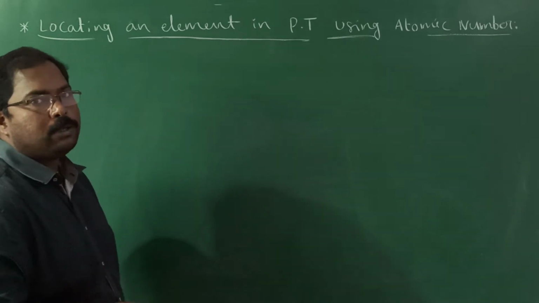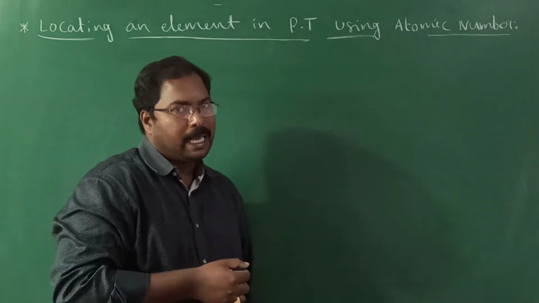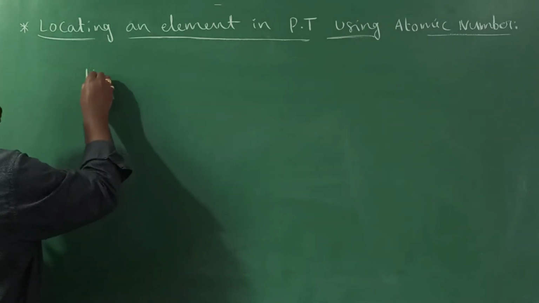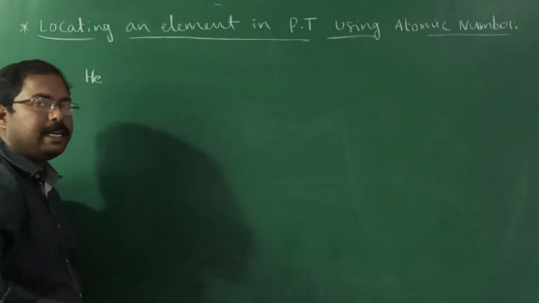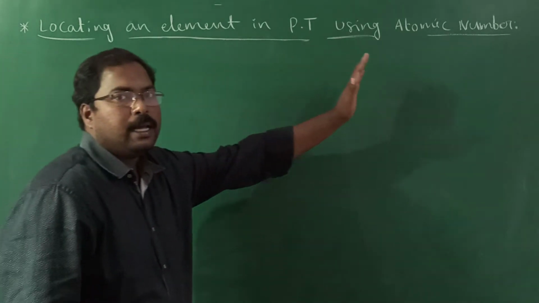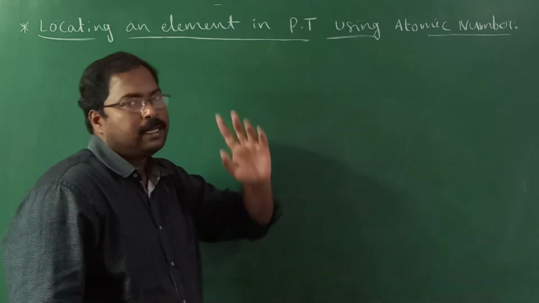We all know the atomic numbers of those noble gases. Everyone remembers that all these noble gases are present at the extreme right-hand side of the periodic table, which means the last group of that period.